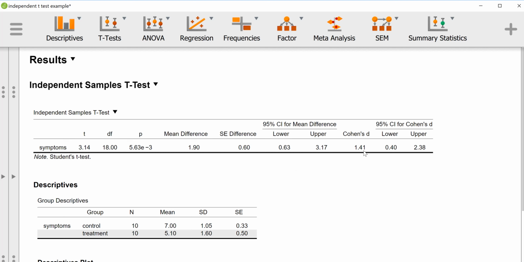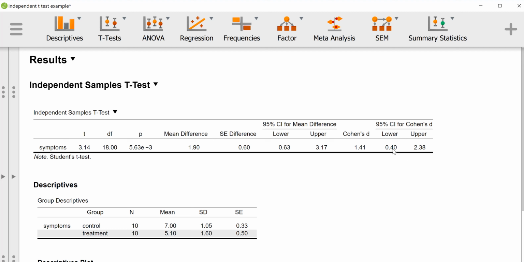The effect size, or Cohen's d, which is the mean difference divided by the pooled standard deviation, is pretty large, 1.4. So the mean difference is 1.4 times greater than the pooled standard deviation. And the confidence interval for the Cohen's d ranges from 0.4 to 2.38.